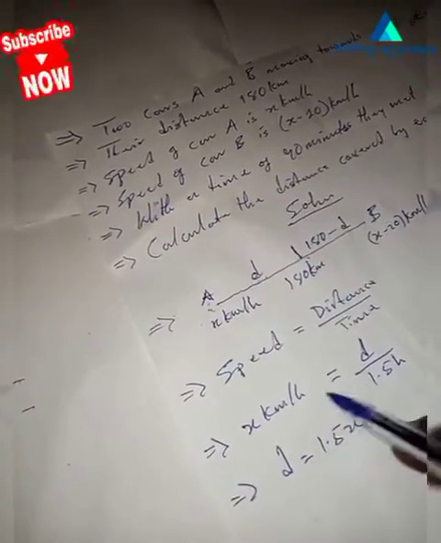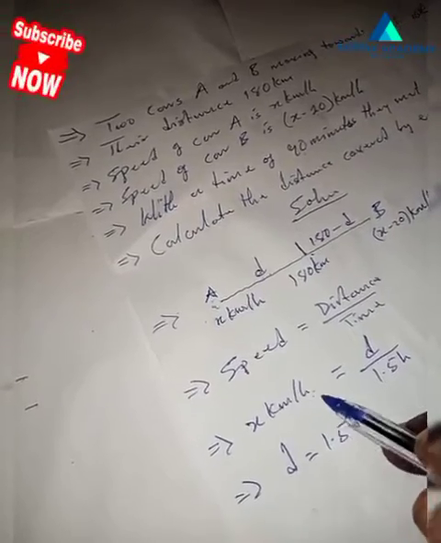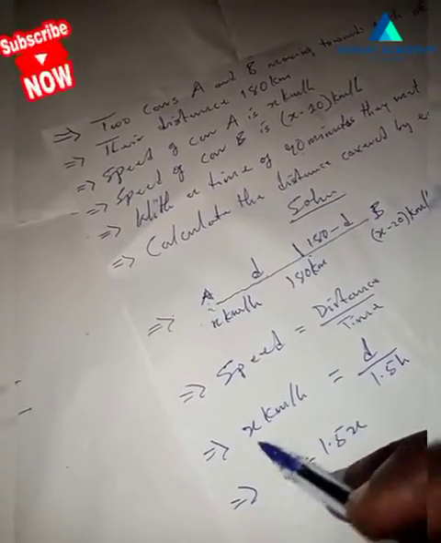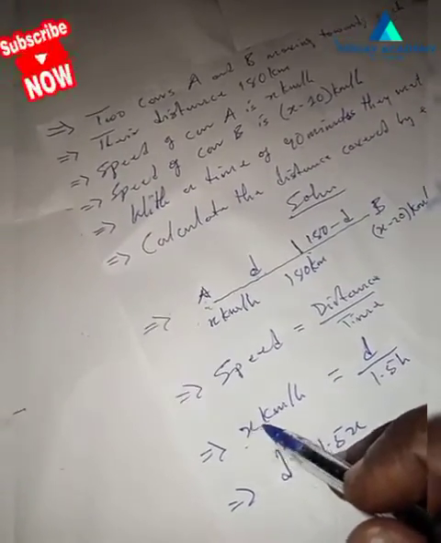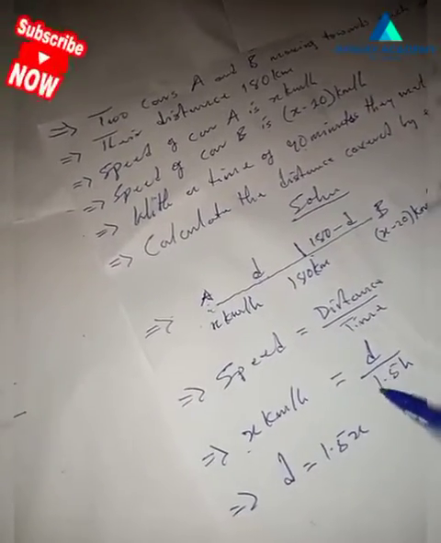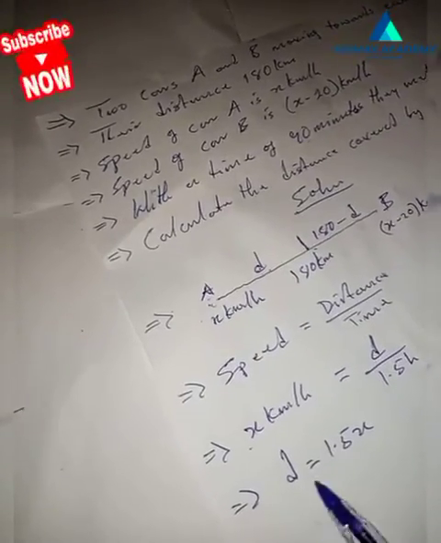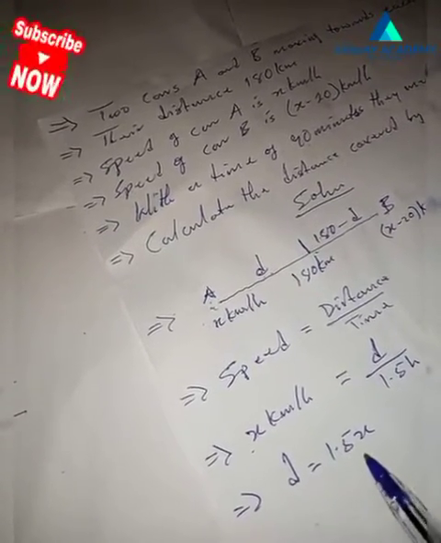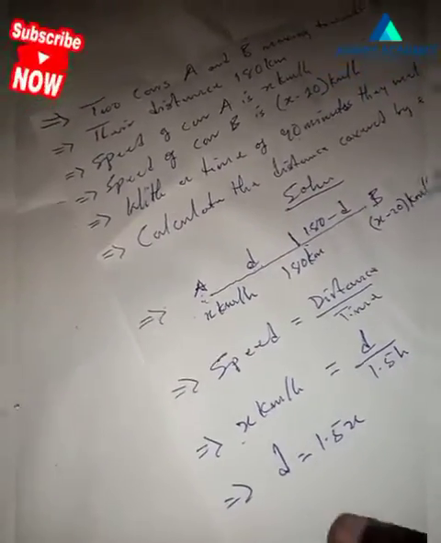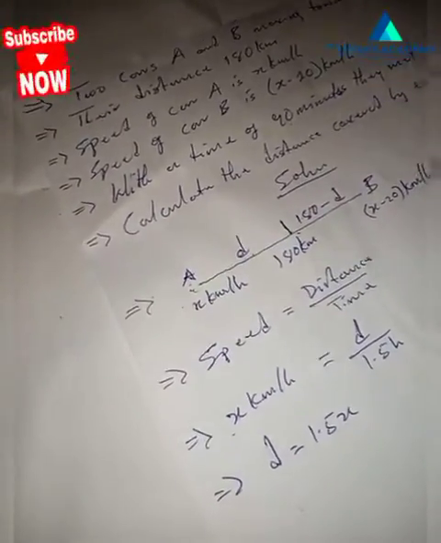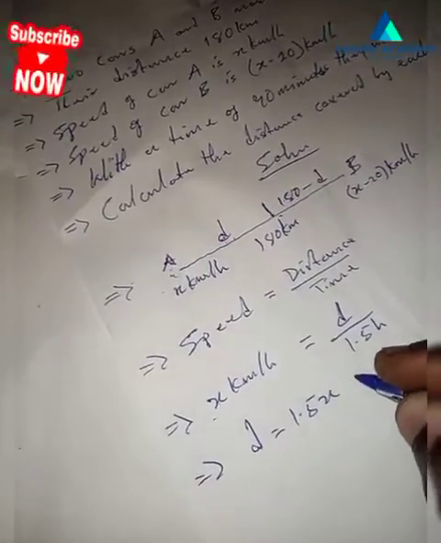The hours cancel, because per hour simply means divided by h, leaving us with kilometers. So D equals 1.5x kilometers. Distance is in kilometers. Let's make this our equation 1.